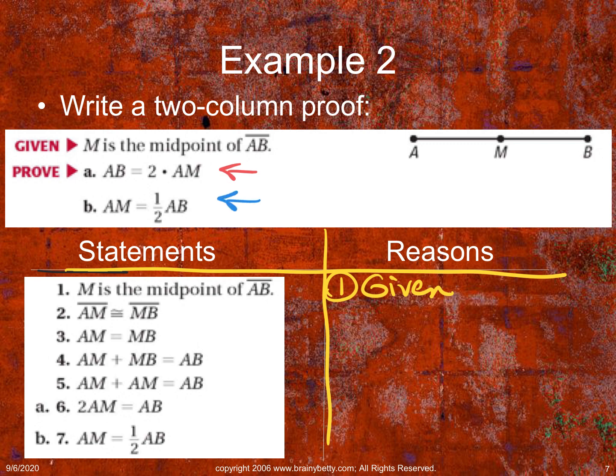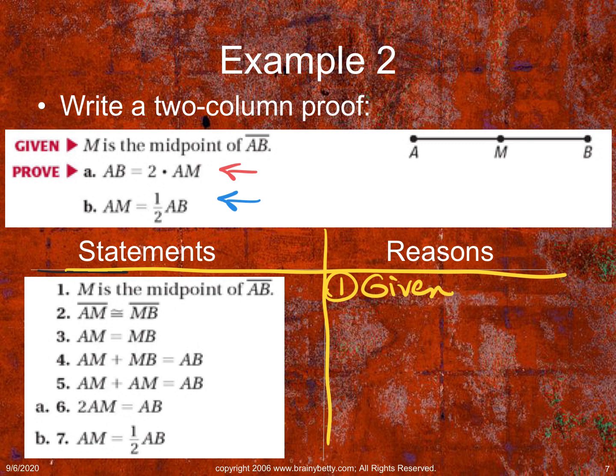I will never ask you on a test or a quiz to prove two things within the same question. So this one I'm just going to show you that you'll do the first proof, the A part, but then all you need to do is take it one step further to get to the B part.